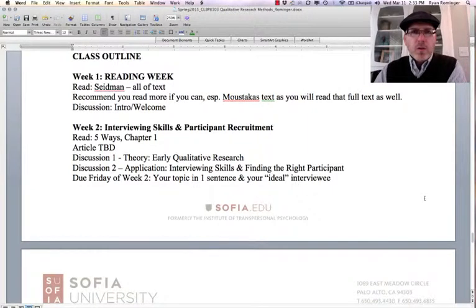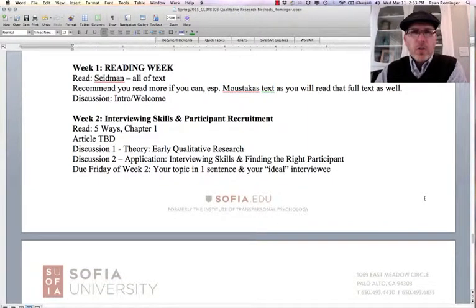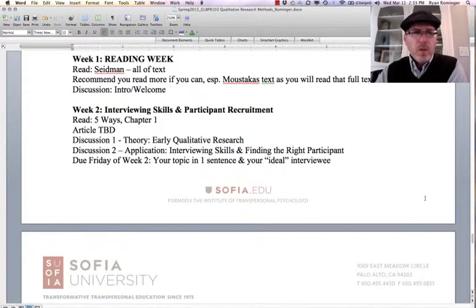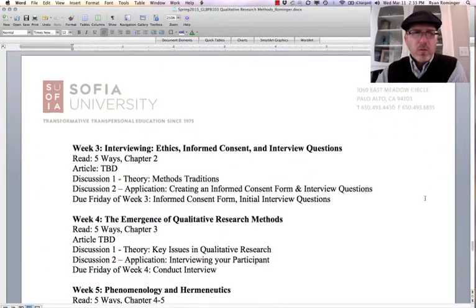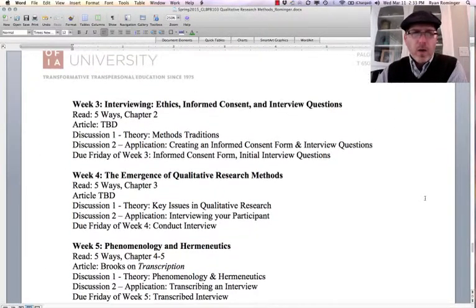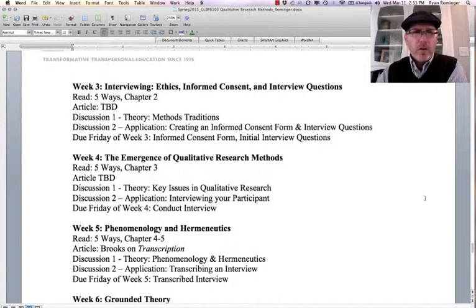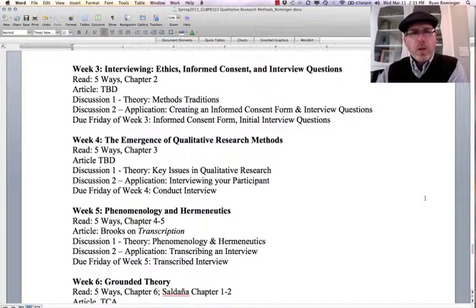From there on out, you'll be reading the combination of text and articles as posted. So I'll just scroll through here so you can see it. I do have each week really laid out as far as what we're going to be reading and the discussions. Each week I try and have one discussion area on theory and one discussion on the application, the praxis.